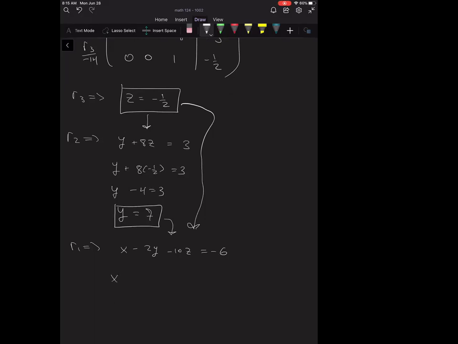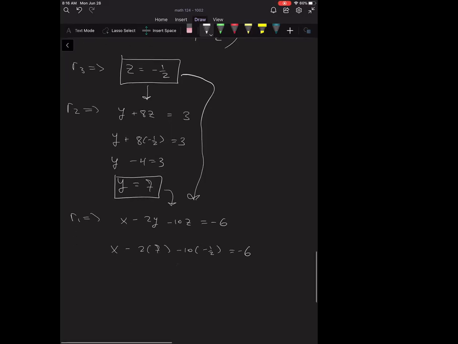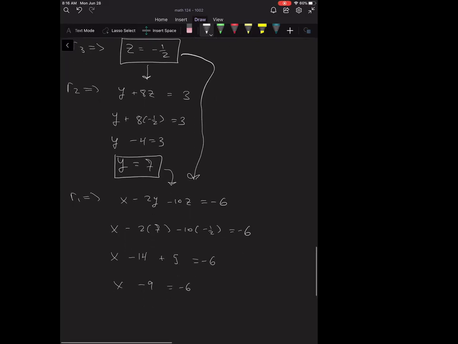So we're going to have x minus 2 times 7, minus 10 times minus 1/2, is equal to minus 6. So we have x minus 14 plus 5 equal to minus 6. So x minus 9 is equal to minus 6. Then we add the 9 over, and we get x is equal to 3.